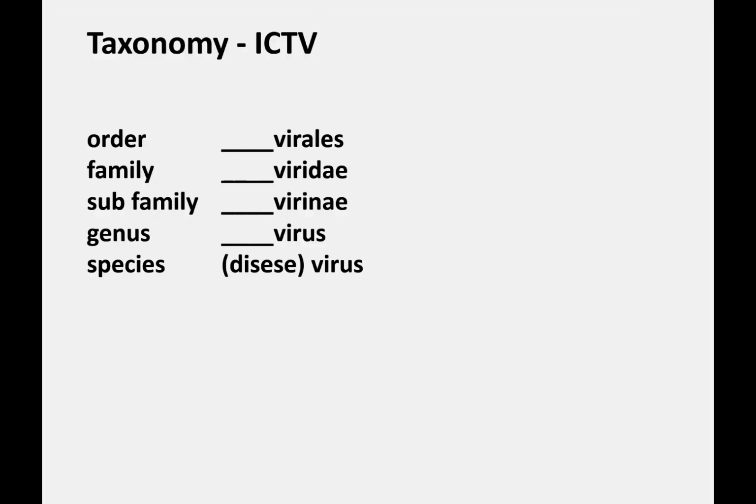A little bit about taxonomy, just how viruses are named. ICTV is the International Committee on Taxonomy of Viruses, and here are the endings. This is rarely used, except if you're discovering a new virus and you need to put it into the classification system.